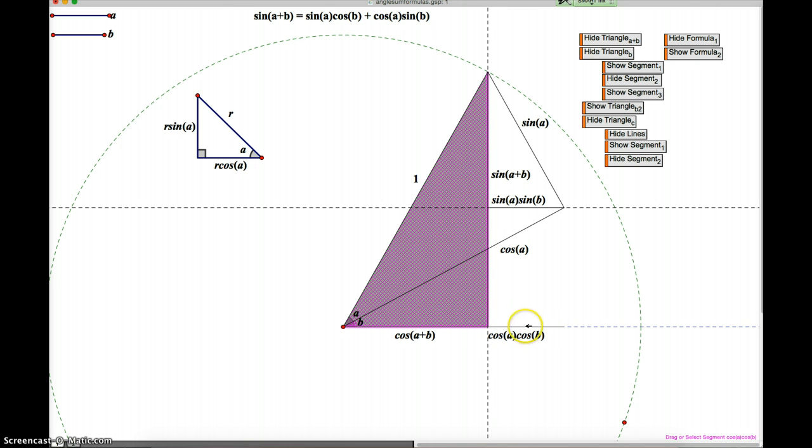We now see that this whole bottom segment is the cosine of A times the cosine of B. This segment here is the sine of A times the sine of B. And we recognize that the cosine of A plus B has to be the difference between those two, which is the formula we were looking for: the cosine of A times the cosine of B minus the sine of A times the sine of B.